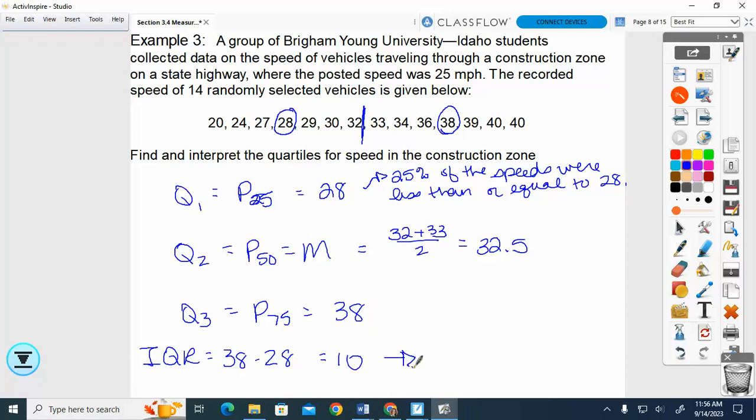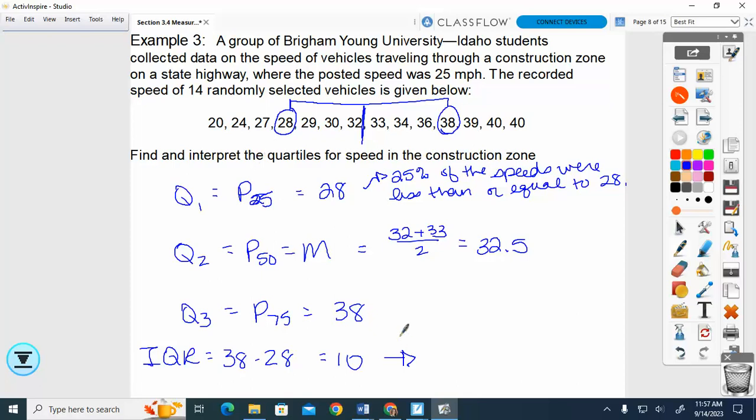The interpretation of that, so the distance between the first, I think this is the 25th percentile and this is the 75th, right? So how much data lies in the middle? 50%.